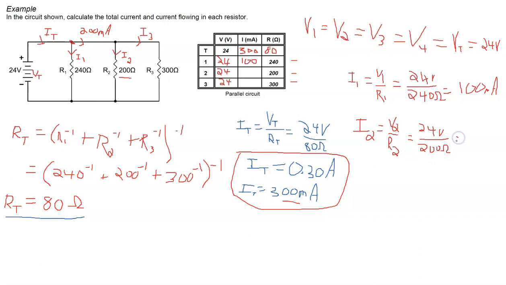And if we calculate that out, it's 0.12 amps or 120 milliamps. And I need to have room to fit all that in there, so I'll just erase that for a second and try to put it a bit closer together. 120 milliamps. Okay, so in the VIR chart now, let's put that number in there.